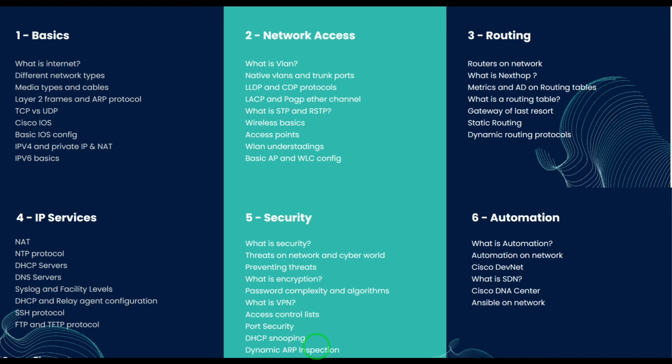RSTP. Then we got the routing, which is mostly static and default routing in CCNA, but in CCNP we're going to cover dynamic routing as well in full detail. And in section 4 we're going to focus on IP services: DHCP servers, DNS servers, SMTP, and what those are actually used for in the network, and what is the FTP protocol.